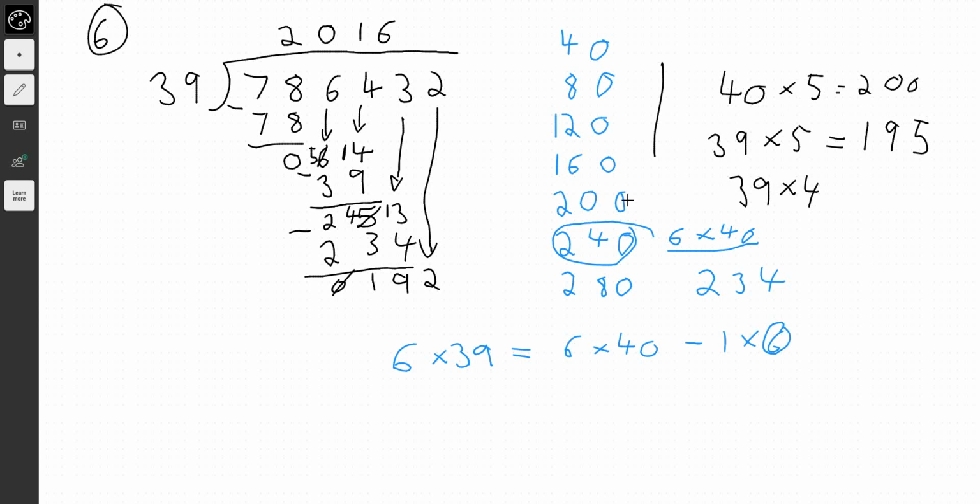So we're going to put 39 times 4, write the 4 up here, and 39 times 4 is equal to 40 times 4 minus 1 lot of 4. 40 times 4 is 160, minus 4 gives us 156.